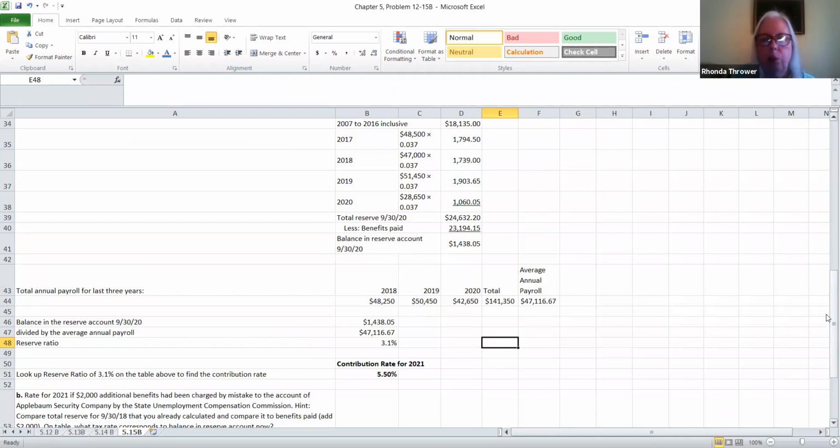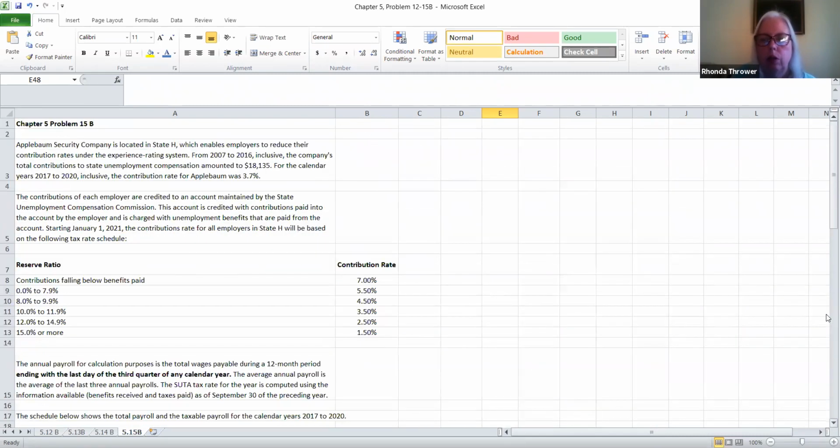And on this last problem, we're going back to figuring the reserve ratios and the contribution rate. We're going to be the Applebaum Security Company, and we're located in state H, which enables employers to reduce their contribution rates under the experience rating system.